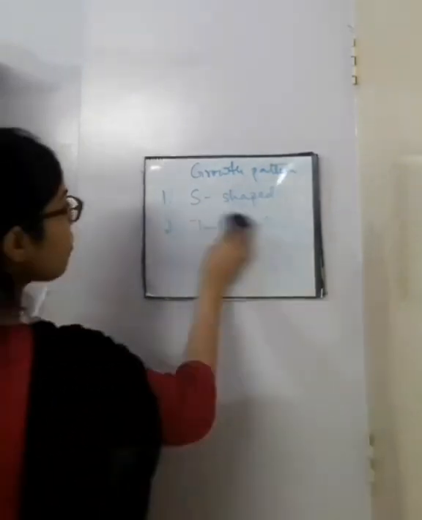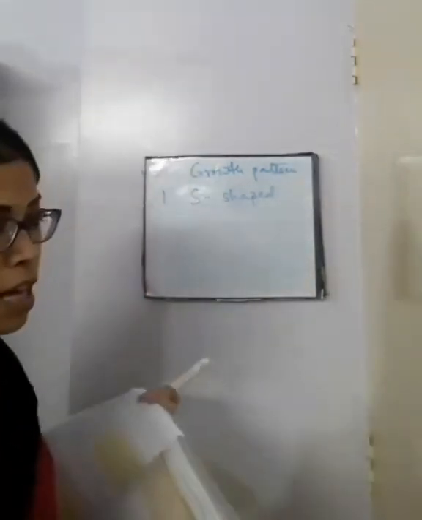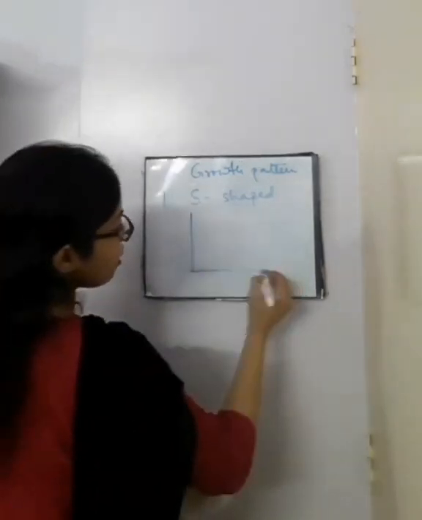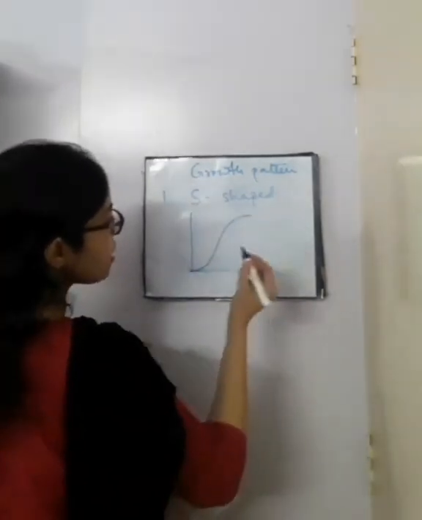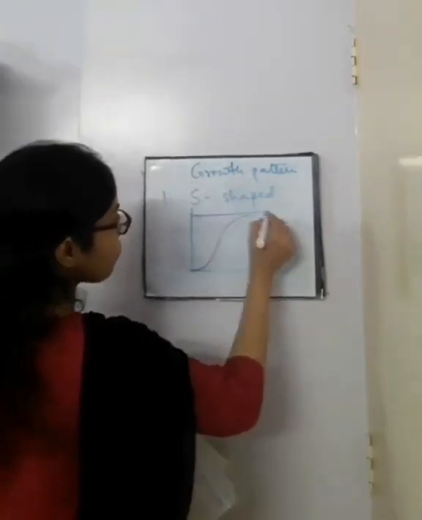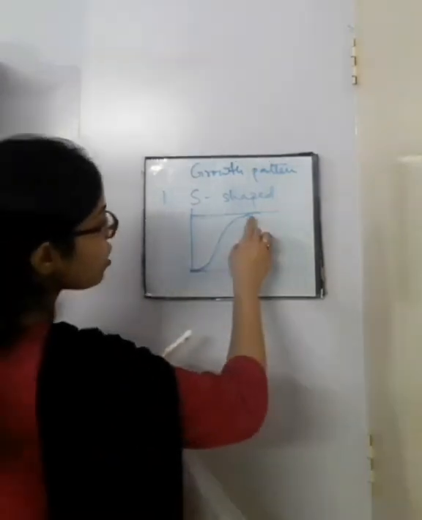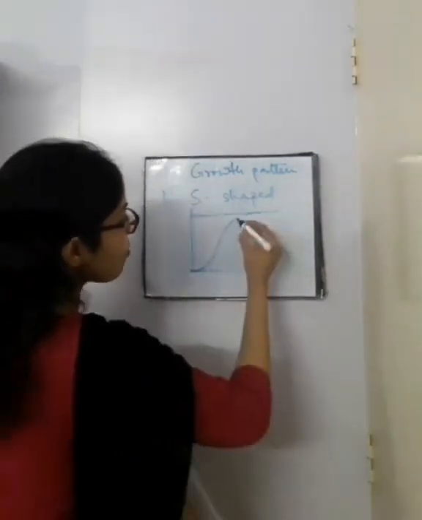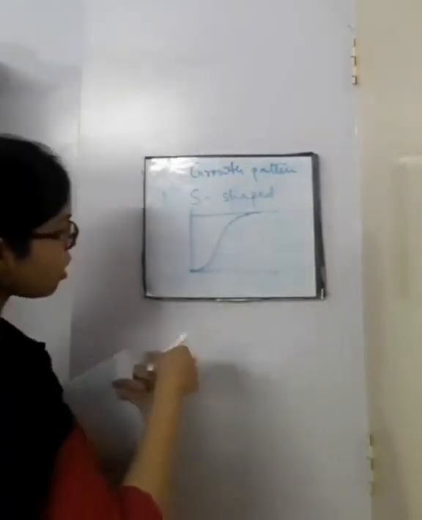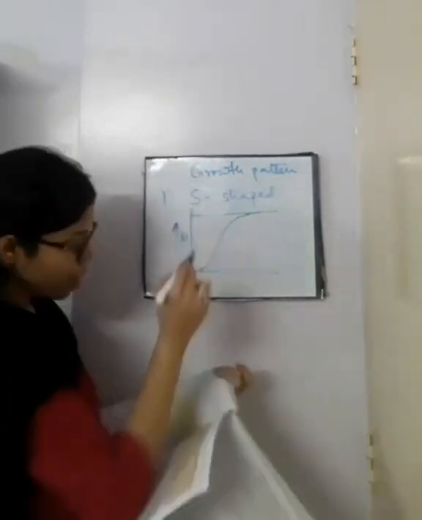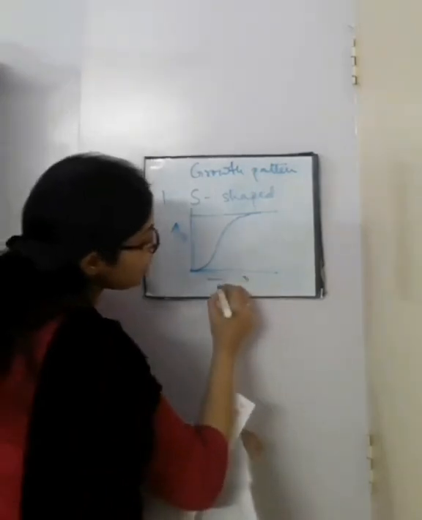So first, talking about the S-shaped curve, this curve is also known as the logistic curve. This curve looks like this. It has some phases in its growth. This is the population density N, and this is the time t.